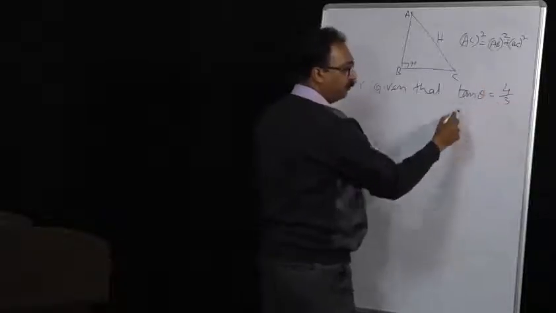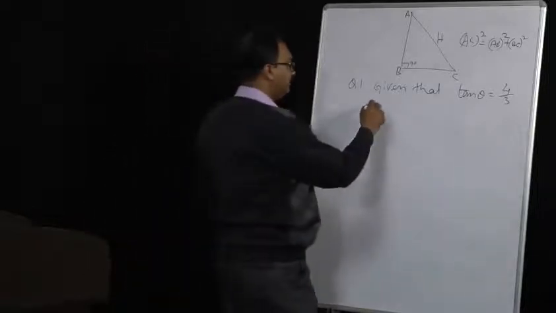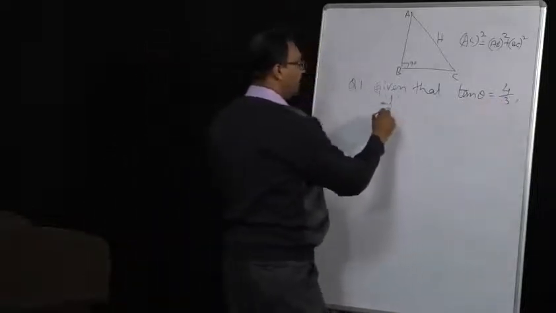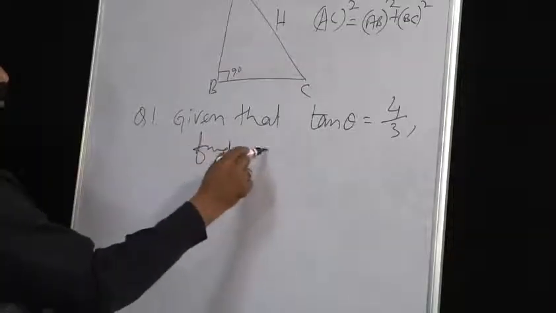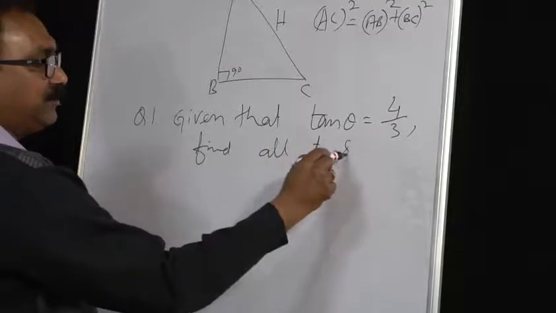This is the ratio. Understood? Then you have to find all T ratios. T means trigonometric ratio.